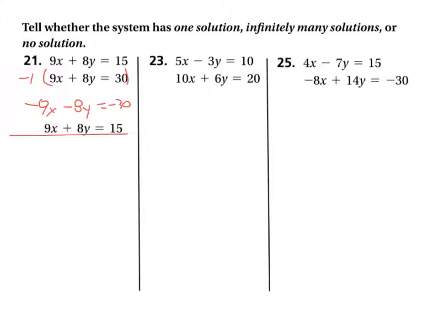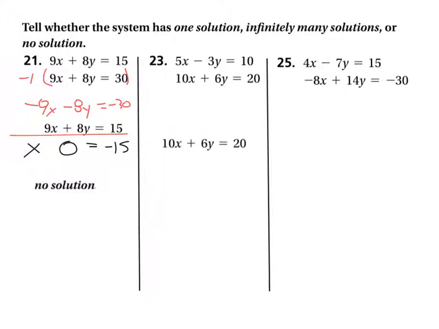They both drop out, special case. And we get 0 on that side, and when we get -30 and 15, we get -15. That is not true. 0 does not equal -15. What are we dealing with here? We're dealing with a no solution situation. No solution.